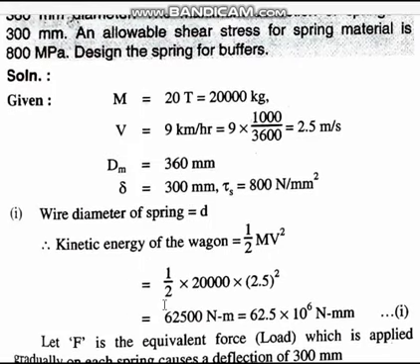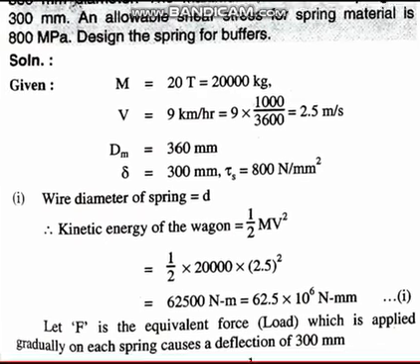Now kinetic energy. We know kinetic energy K is half of m v squared. So m we are having, v we are having. So put this. So kinetic energy is so much. Okay.